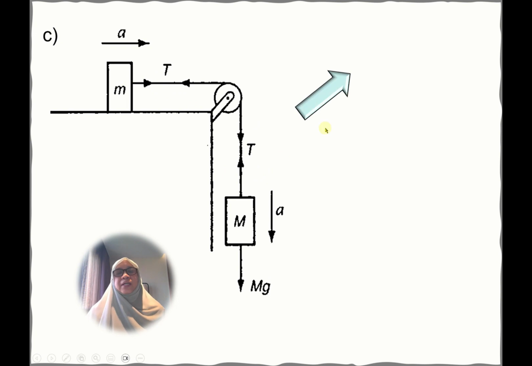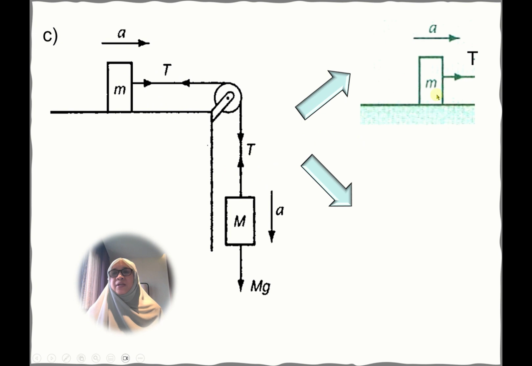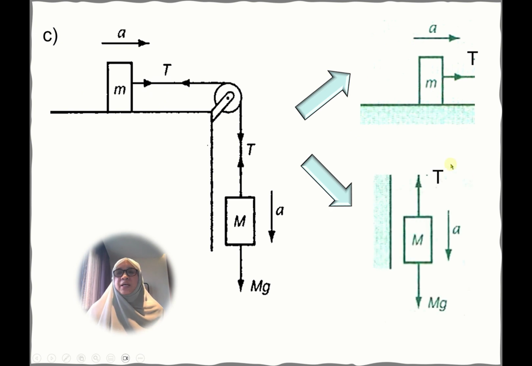Okay, so for the 2 bodies separately, for this M, the force that acts on M is T. So this is the pulling force, which means tension only. And for the capital M, there are 2 forces: T, the tension in the string, and also the weight Mg.